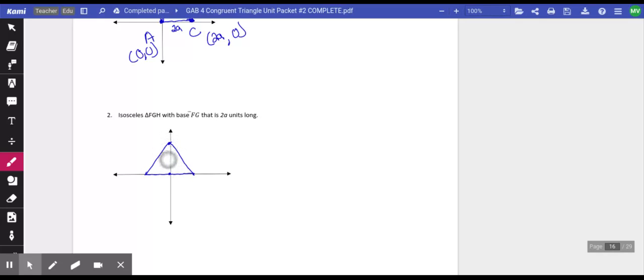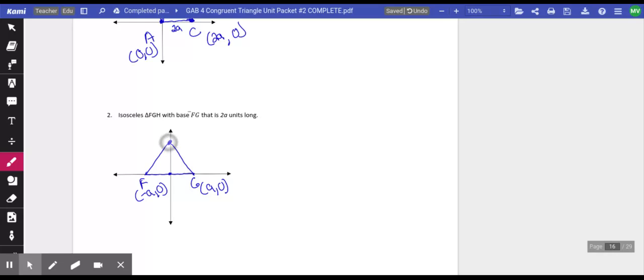So I'm going to make the y-axis be that perpendicular bisector. So that means my base is FG, and it's 2a units long. So I want the distance from the origin, because that's the midpoint, to be a. So that means G is going to be (a, 0). And from the origin to F is going to be (-a, 0). So the total distance from F to G is 2a.